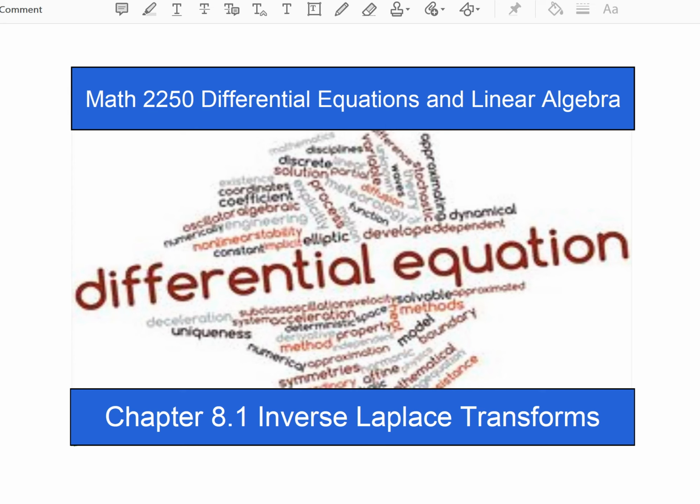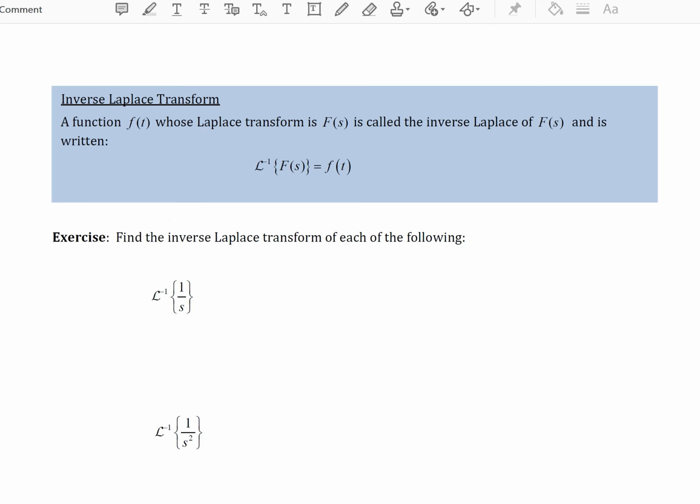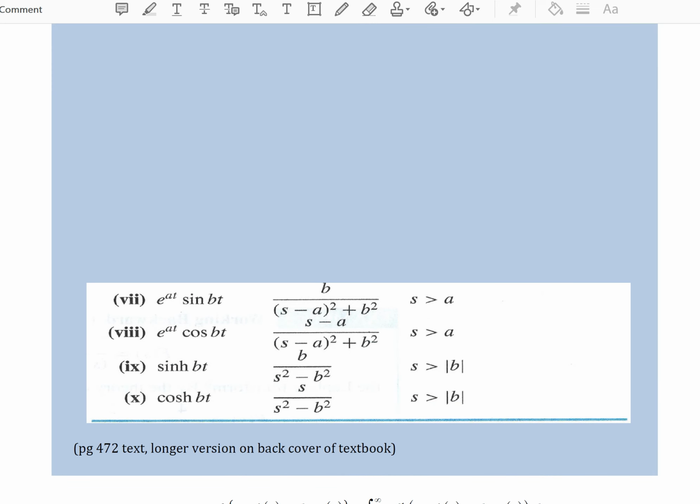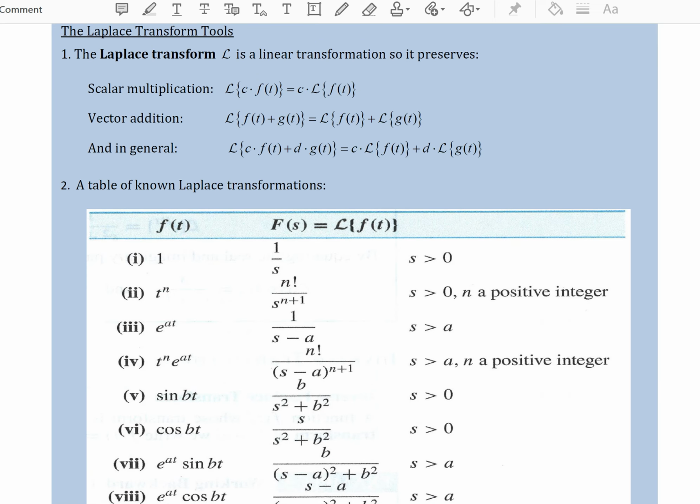In this video, we are going to finish going through Chapter 8.1 and look at the inverse Laplace transform. Now, in our last video, we introduced how to find the Laplace transform of a function using your Laplace transform tools: the fact that the Laplace transform preserves scalar multiplication and vector addition, and that we have a table of known Laplace transformations.